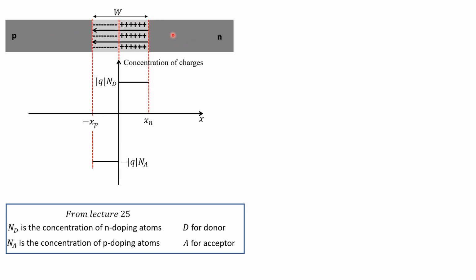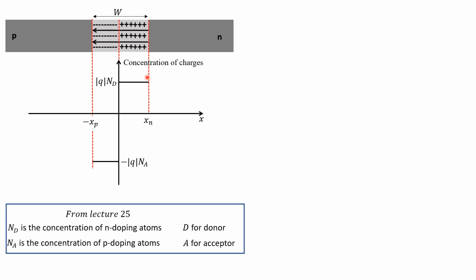And we're going to assume that the doping profile is uniform on both the n and p sides. So we're going to assume that we have a uniform concentration of ions on the n side and a uniform concentration of ions on the p side. The doping profile does not have to be uniform.